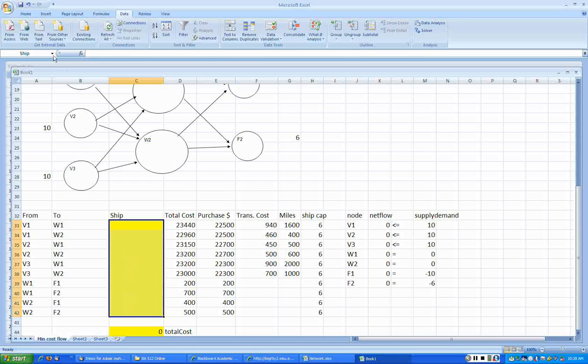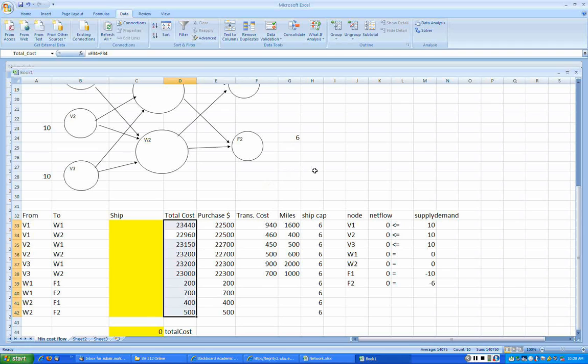And then if you look here, you see all these range names: from, to, ship, and the other one is the total cost. If you click onto that one, that tells you this is the total cost.